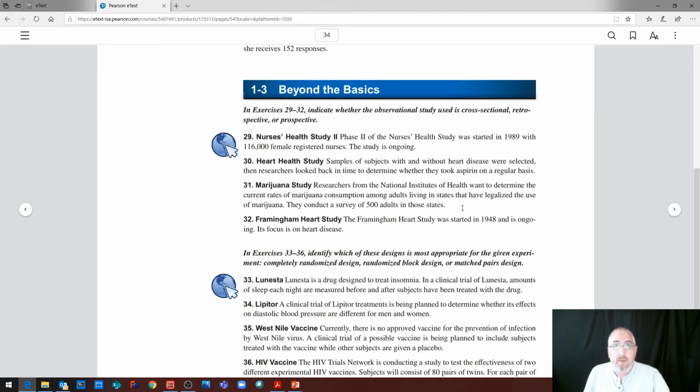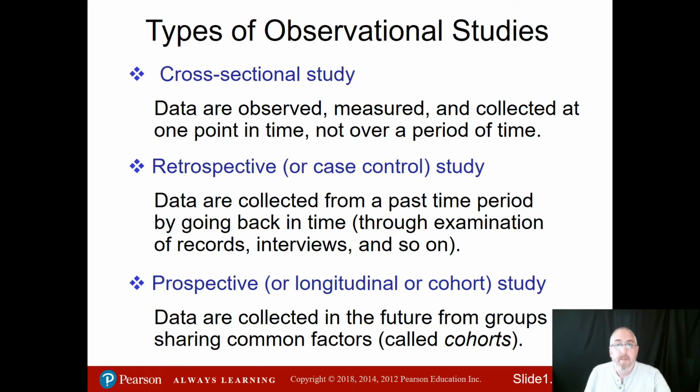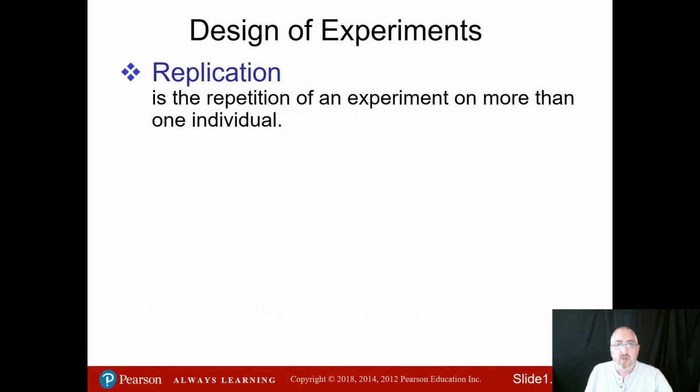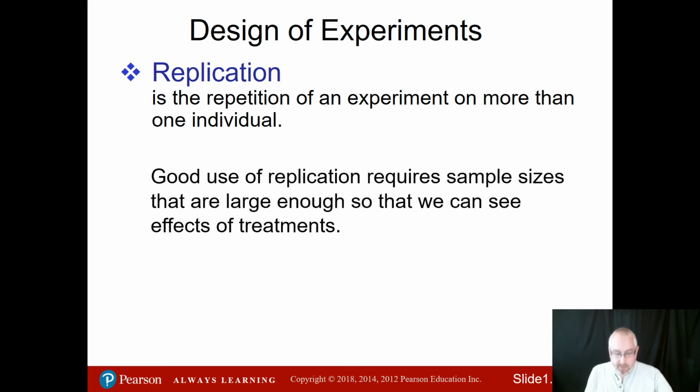So let's flip back to the slides. And we got just a little bit left here. So now we can turn to experiments and looking at different elements of experiments. So replication is one of the first things. It's the repetition of an experiment on more than one individual. Good use of replication requires large sample sizes that are large enough so that we can see the effects of treatments.